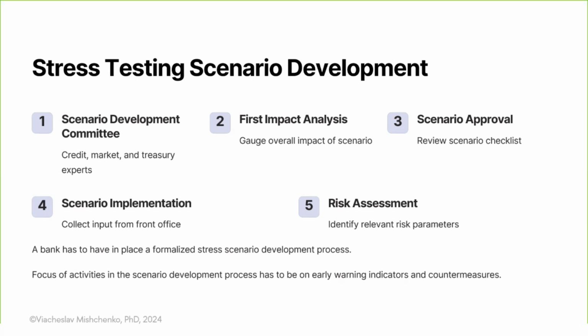Next, we do the first risk assessment. This is our reality check. The question is, is this scenario actually going to tell us something useful? Then we move to scenario approval, where senior management weighs in, and they may ask, does this scenario align with our risk appetite? Is it plausible enough? Is it severe enough to be meaningful?